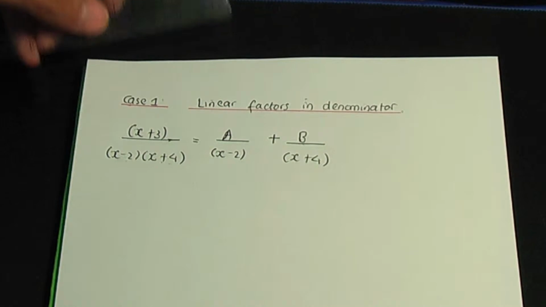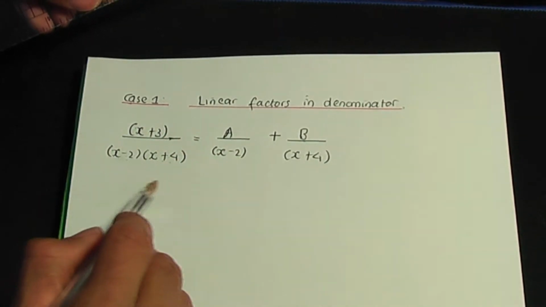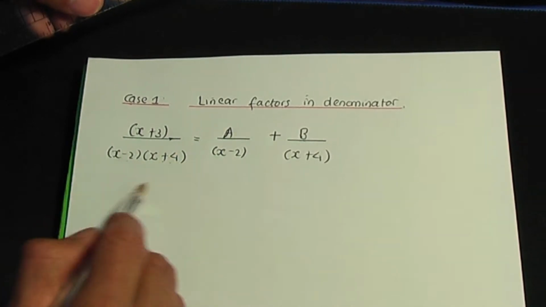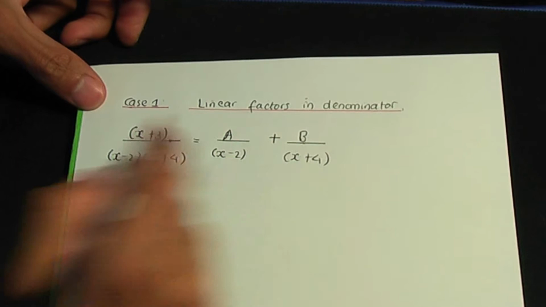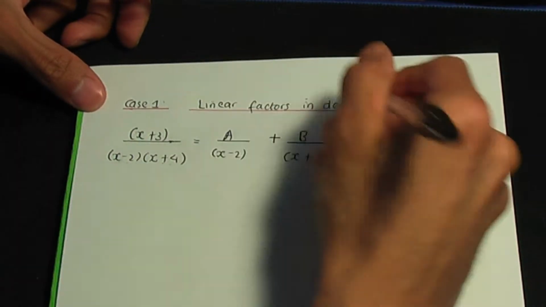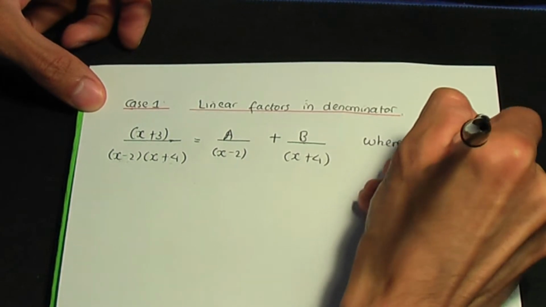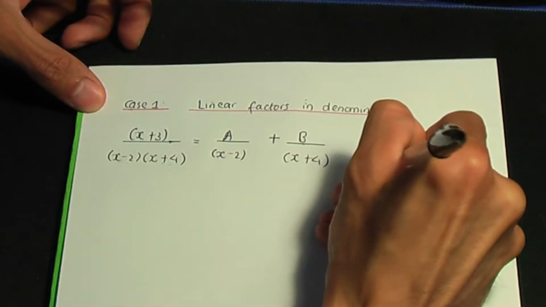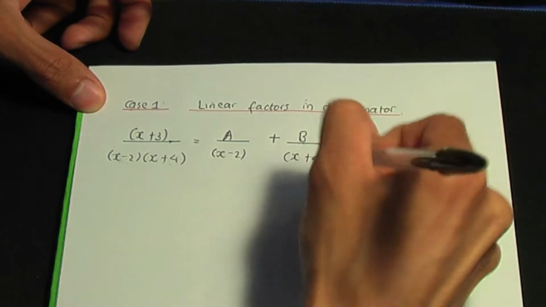So this is how you would write a case number 1 problem whereby you have linear factors in your denominator. Now, a and b are constants that we need to calculate, where a and b are constants to be found.